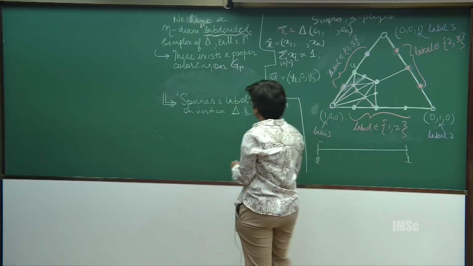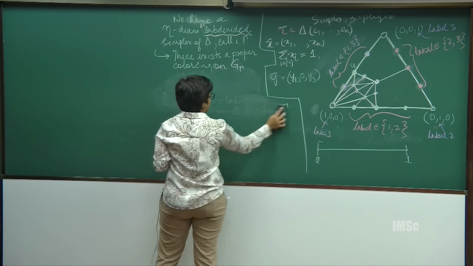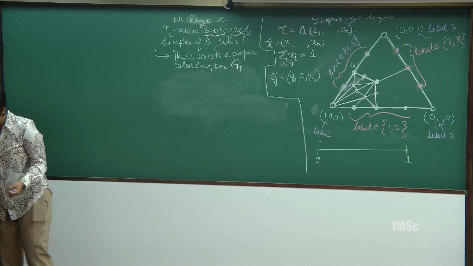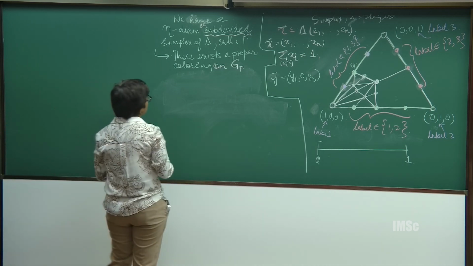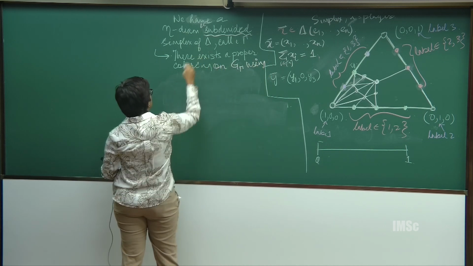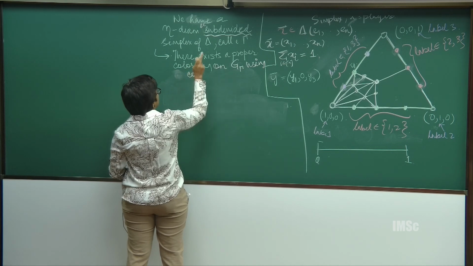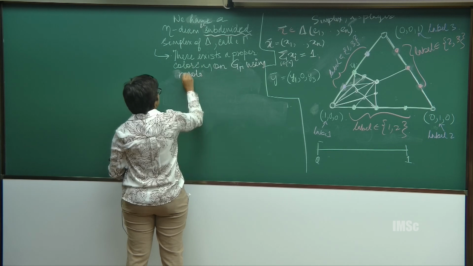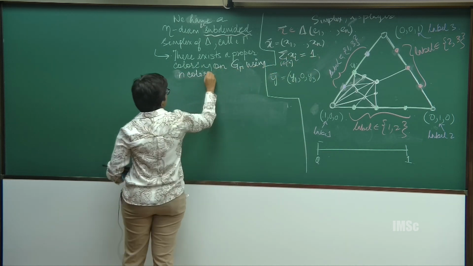There's a proper coloring using n colors, n plus 1 colors, okay. N colors here. This is an n minus 1 simplex, and this is n colors.